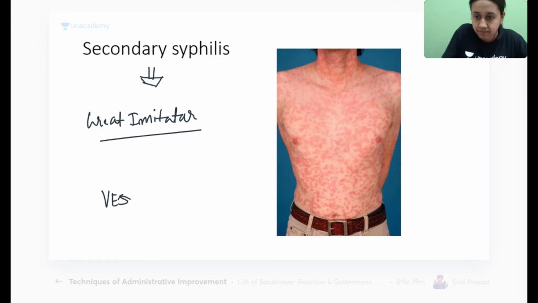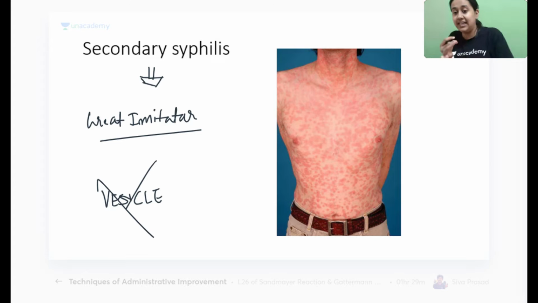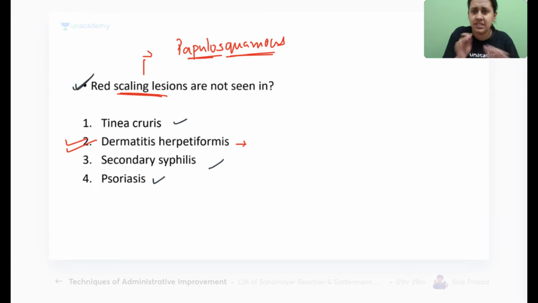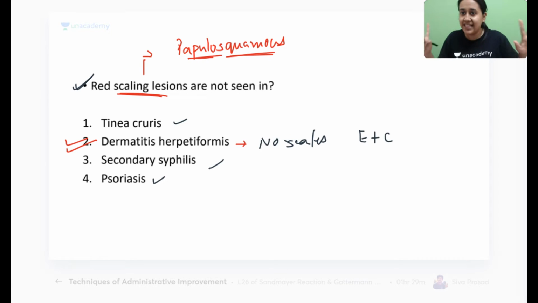You will never see vesicles. Otherwise, red lesions, scaly lesions, everything is seen, and that is why secondary syphilis also comes in one of the DD of red scaly lesions. So I hope this question becomes absolutely clear. You have no scales in dermatitis herpetiformis. You have only erosions plus crust. Okay? Clear? Anyone has any confusion?